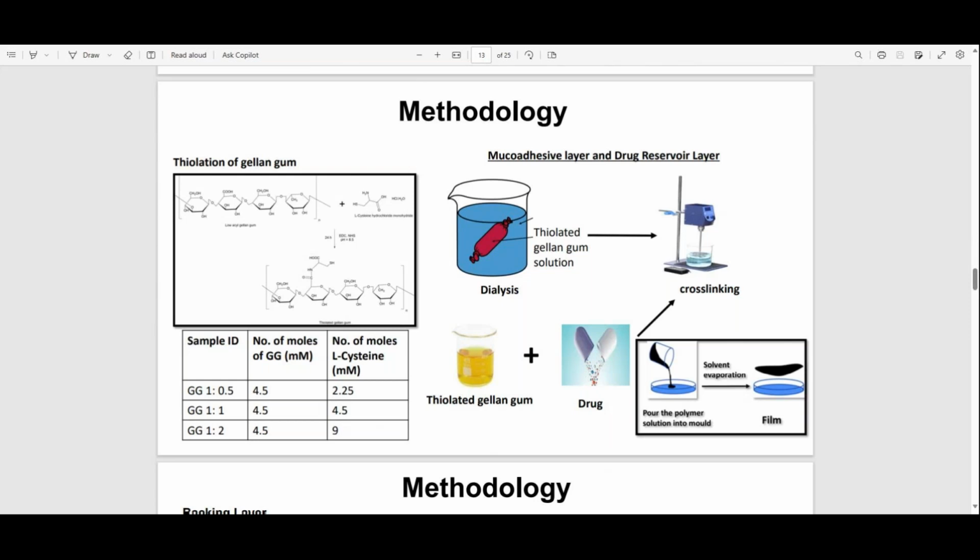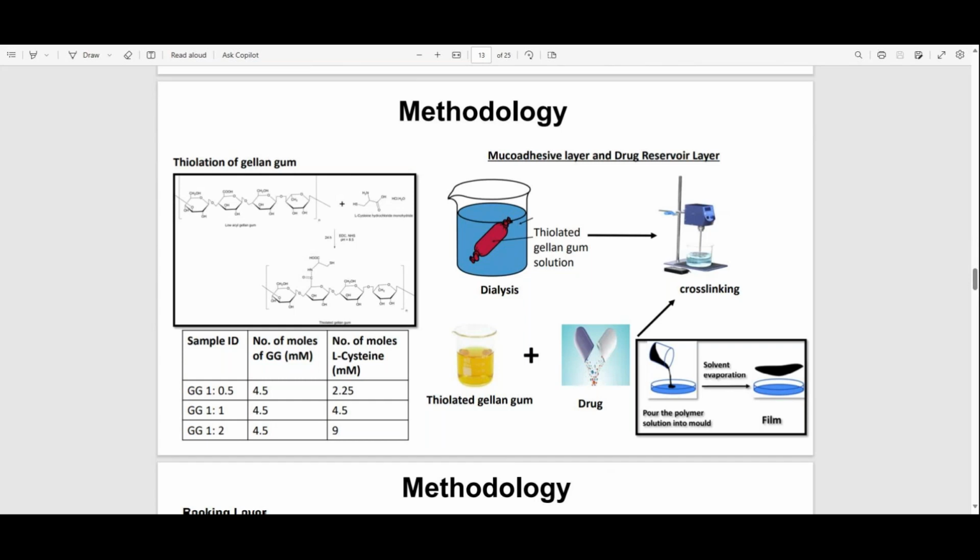For that we modified it using L-cysteine, introducing thiol moieties to the polymer so that we can enhance the mucoadhesive properties of the native polymer itself. For that we used EDC carbodiimide chemistry with EDC and NHS at pH 8.5, and we stirred the reaction mixture for a period of 24 hours.